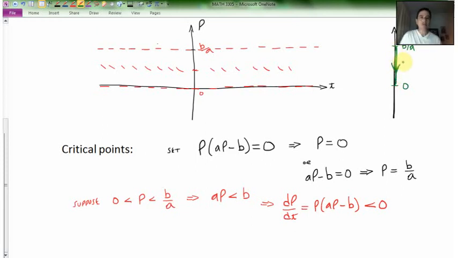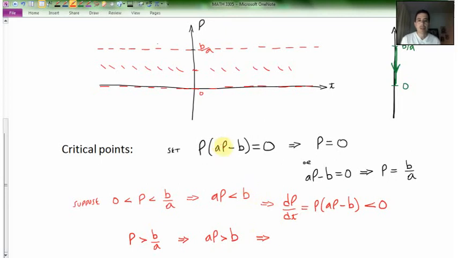Okay. Now let's look at the region above B over A. If P is greater than B over A, then this means that AP is greater than B, right?